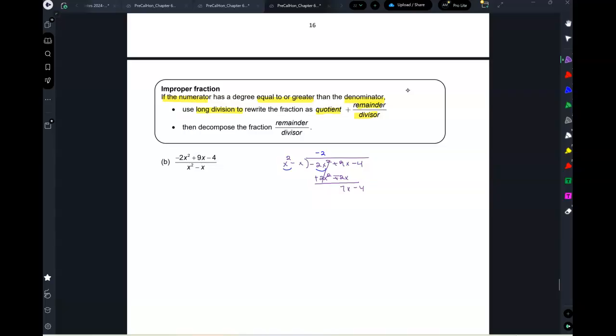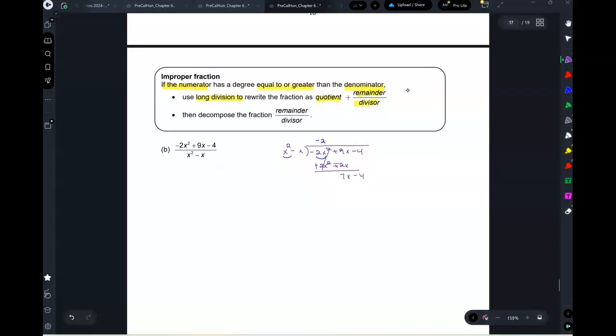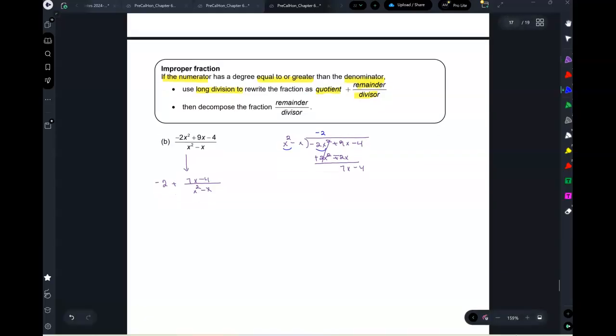Once this in the bottom has a lower degree than your divisor, you're done. So now that is my remainder. The 7x minus 4 is my remainder. So this ends up as an equivalent expression of negative 2 plus 7x minus 4 over x squared minus x. Fabulous. Now, I need to decompose this.